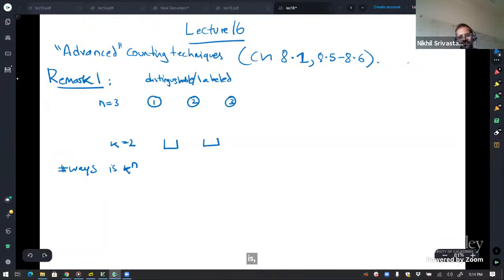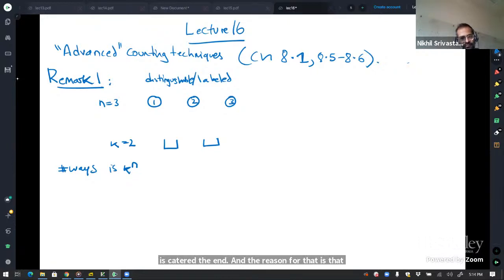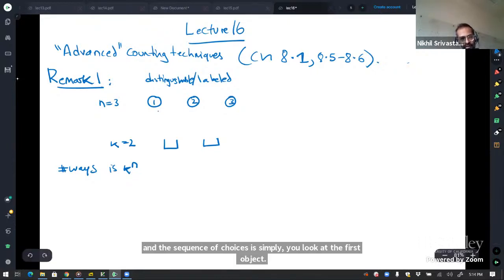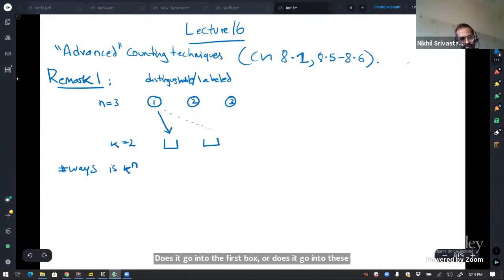The reason is that there's a sequence of choices for specifying such an allocation. You look at the first object and decide, does it go into the first box or the second box? Then you look at the second object and decide, does it go into the first box or the second box?